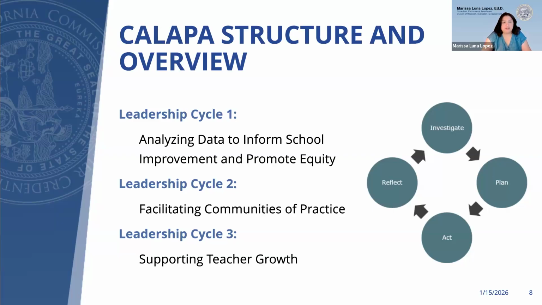Within cycle 2, facilitating a community of practice, this is an opportunity for an aspiring administrator to take the equity issue they identified in cycle 1 or a different equity issue and bring together a group of people to talk about, work through, and implement some intervention to try to mitigate that equity issue. So a group of second grade teachers give the district writing assessment and notice that a specific group of children across their classes are all needing additional support in one aspect or another.